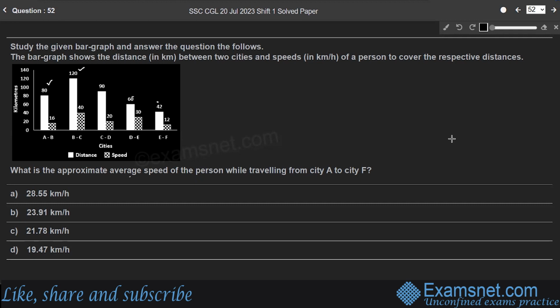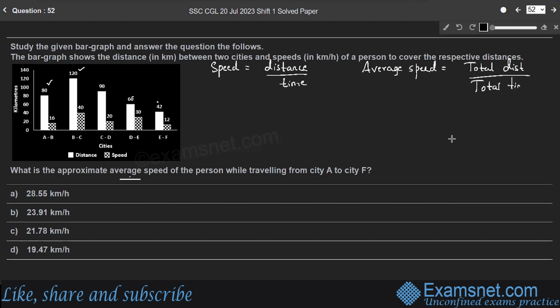Then we need to find the total distance and total time taken by him, and then you can easily go for average speed. So we are using two formulas here. One is speed equals distance by time, therefore time is equal to distance by speed. Another is average speed is equal to total distance by total time, total distance traveled by him by total time taken by him.